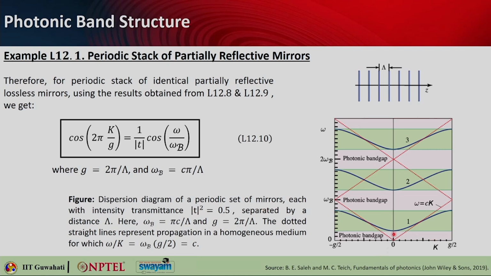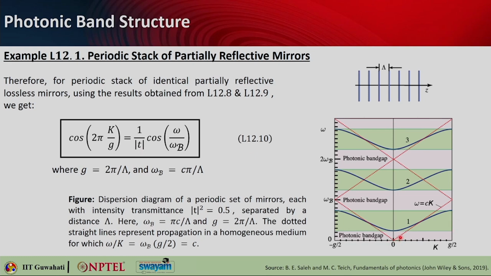Here certain values have been assumed, like modulus t square has been taken as 0.5, and they have been considered to have a separation of capital lambda. Omega b is c pi by capital lambda, g is 2 pi by capital lambda, those are all fine. The only important thing is that the value of t is already assumed here.